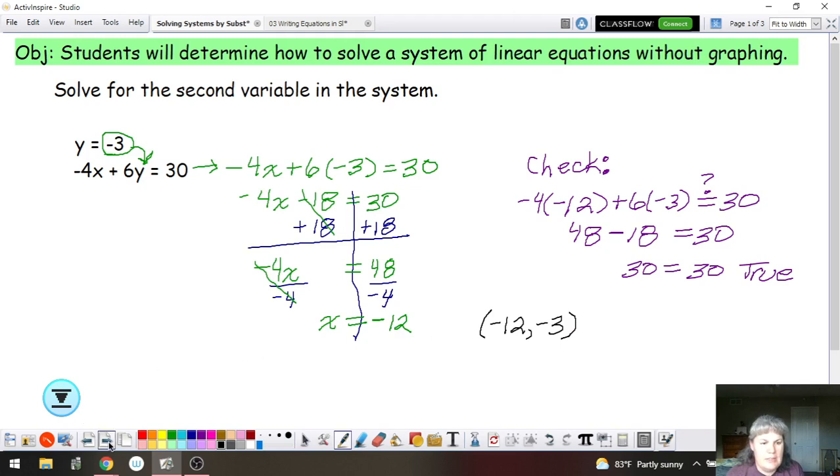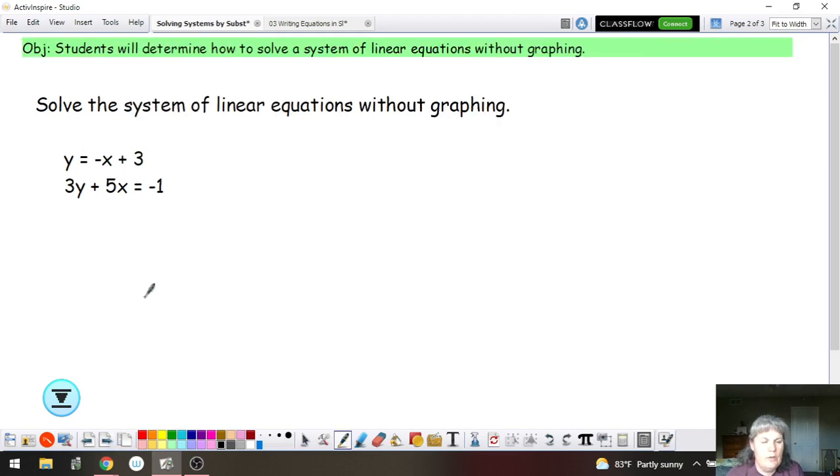In our next example, y isn't just equal to a single value. Y is equal to an expression. And we can still substitute. We're just going to take this entire expression and replace the y in the second equation with that expression.